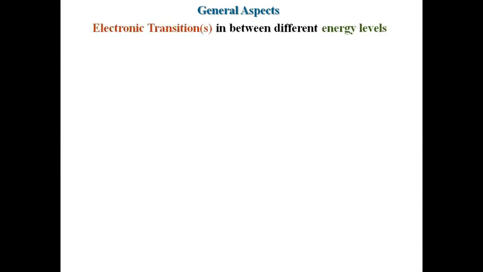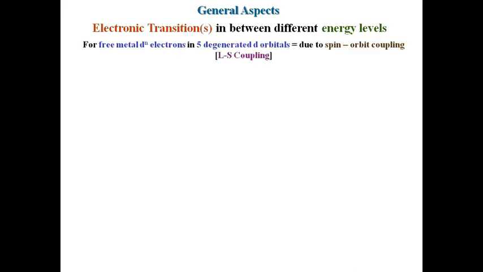We shall focus on the electronic transitions between different energy levels and their corresponding spectra. We have to follow the steps below. At first, for a free metal ion, that is a metal ion having d electrons in 5 degenerate d orbitals, there occurs spin orbit coupling, which is known as LS coupling.